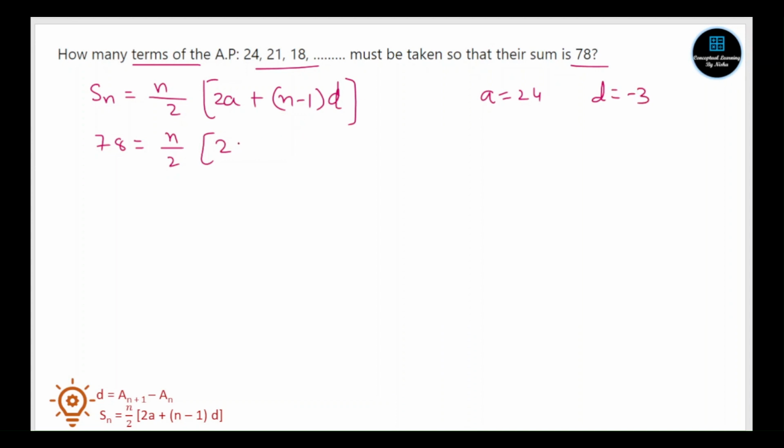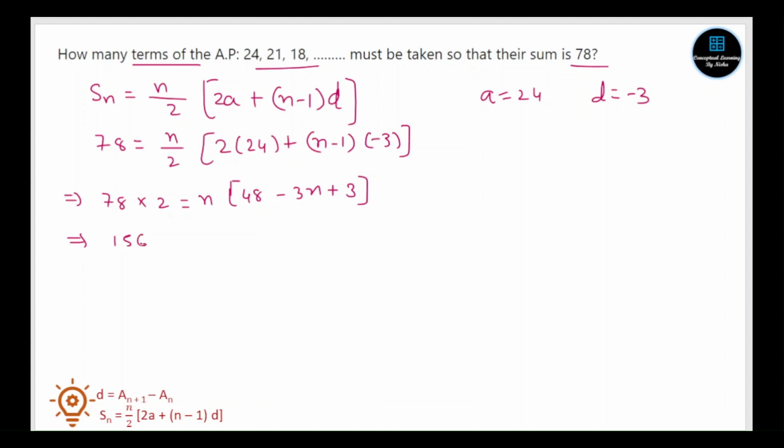So I'll put these values: 2 into 24 plus (n minus 1) into minus 3. On solving this, what do we get? 78 times 2, bringing 2 here, equals n into (48 minus 3n plus 3). On solving this, I'll get 156 equals n into (51 minus 3n).